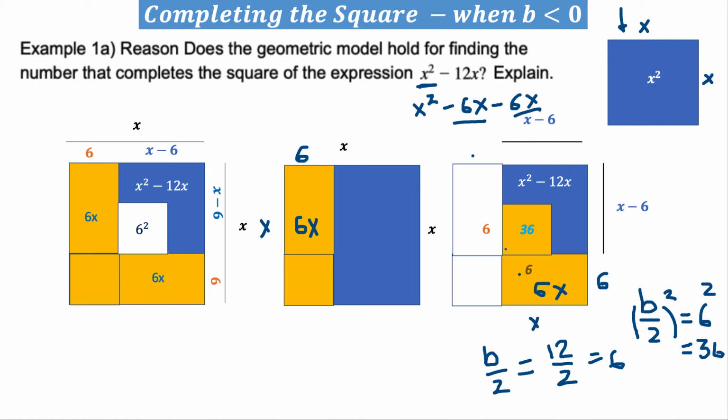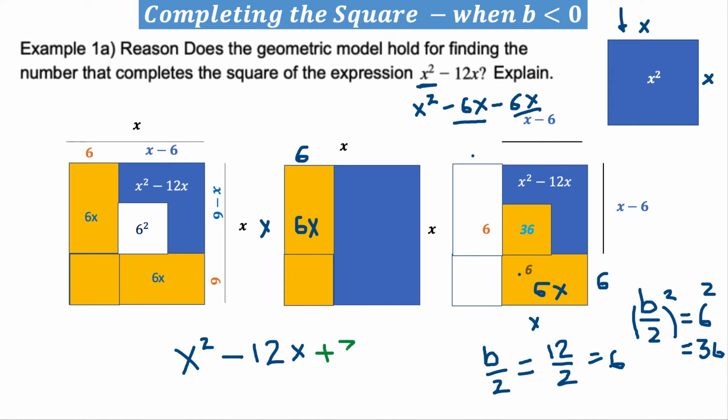And now to complete the square, when we have in this case x squared minus 12x, we add the b over 2 squared, which happened to be plus 36.